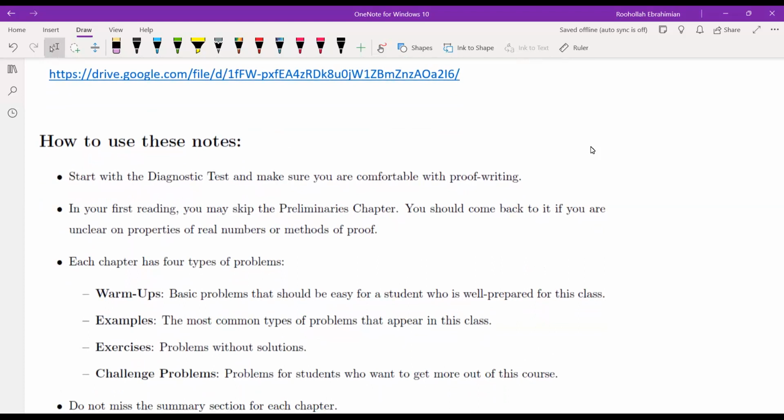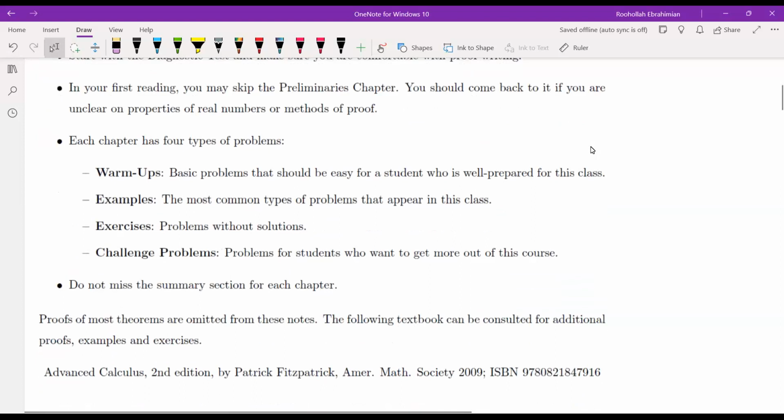I would say if you get 85% or above in the diagnostic test, you should be ready for this class. In your first reading, you can skip chapter 0 or the preliminaries. At a later time, you might have to come back to chapter 0 to make sure you are in fact ready and haven't forgotten anything about properties of real numbers and methods of proof.